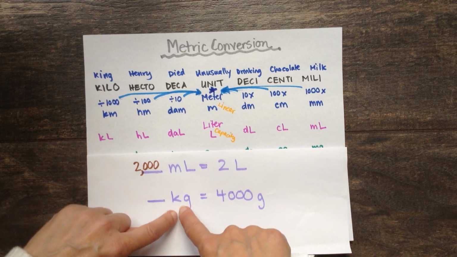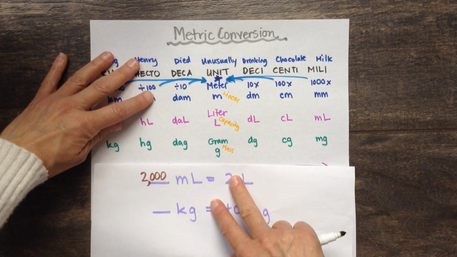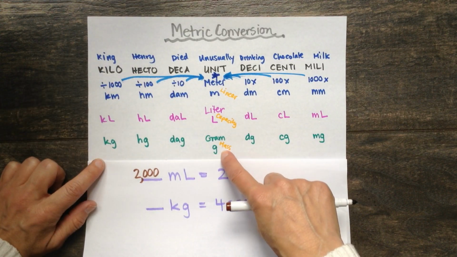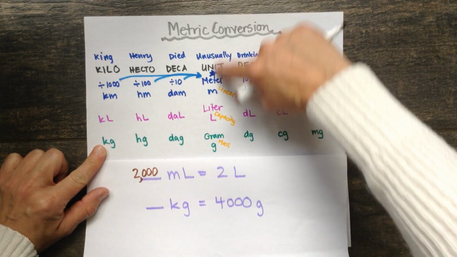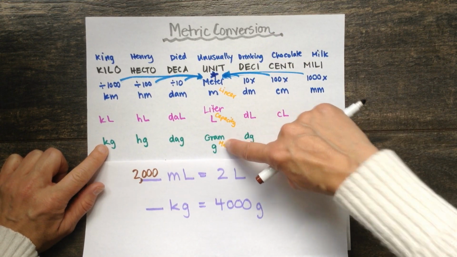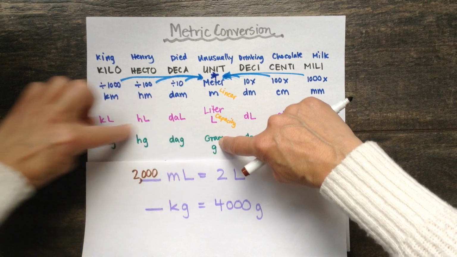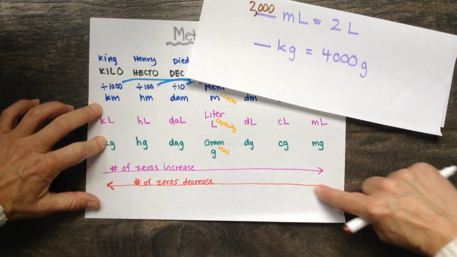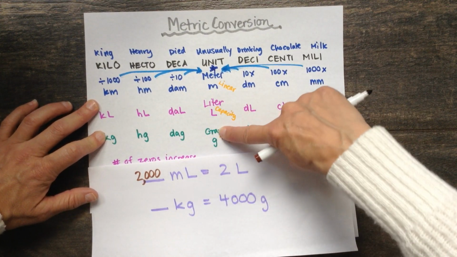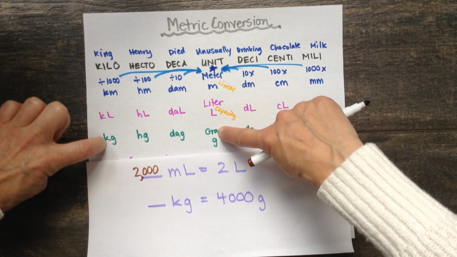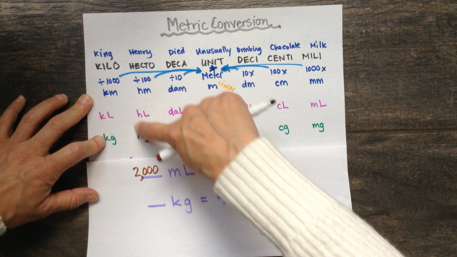How about this one? Kilogram. We're going to talk weight now, so mass. So kilogram and gram. Now gram is our unit. So gram here is 4,000. If I had 4,000 of these and I needed to go this way, let's check. Our number of zeros is going to decrease. So if I had 4,000 grams and I wanted to go to kilogram, I'm going to go 1, 2, 3.